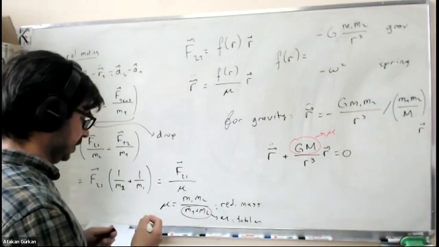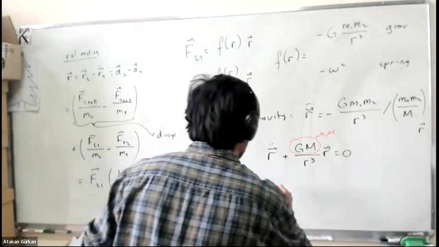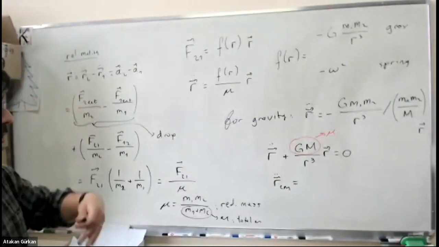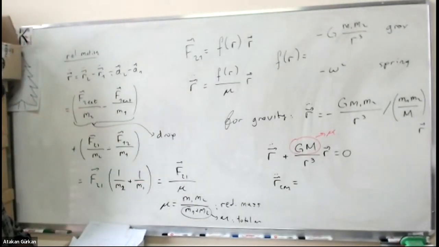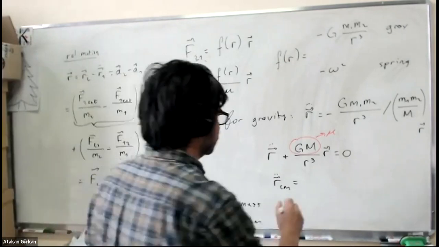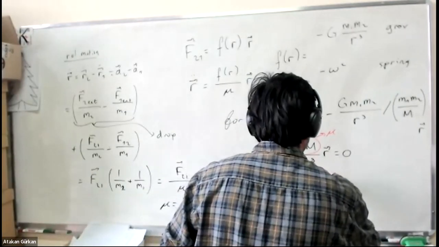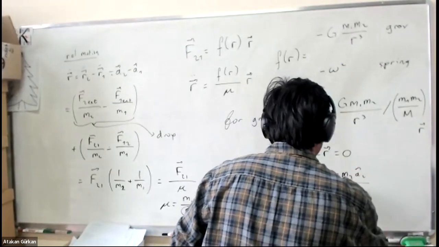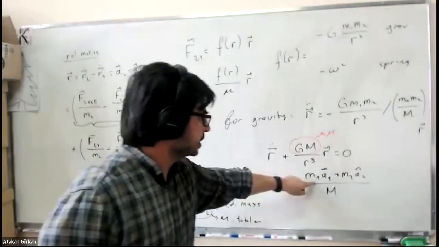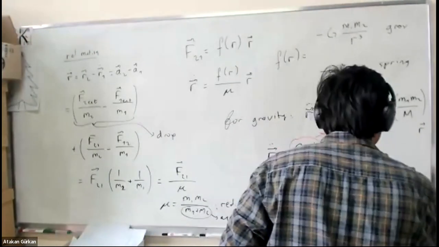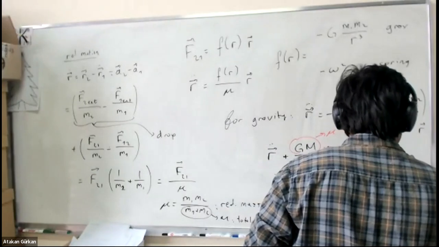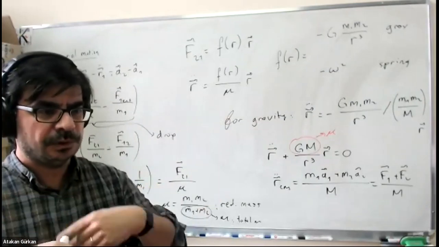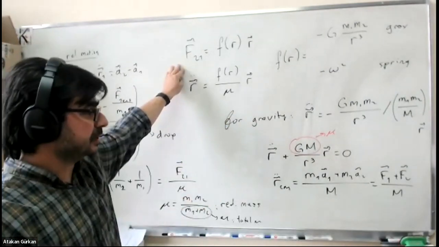Well, R double dot of the center of mass is, of course, M1 A1 plus M2 A2 divided by capital M. And remember, these are just the forces, so this is F1 plus F2 divided by M. But this F1 and F2 have the interaction force, which by our assumption is going to just cancel.